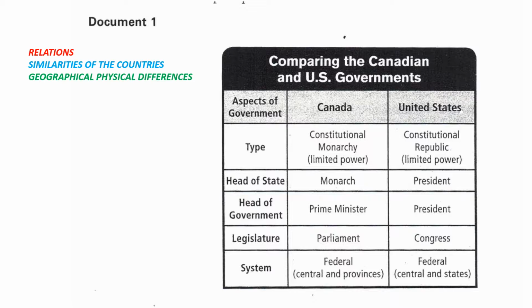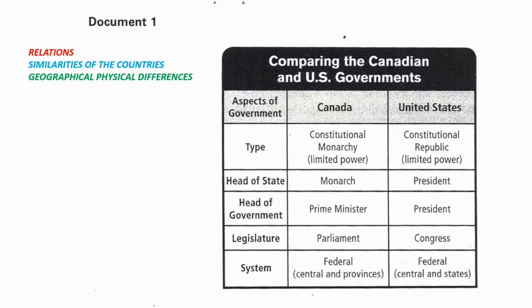So we need to color code this document. Do we say that this document is red because it shows about relations of the country? Does it show blue because it shows similarities of the country? Does it show green because it explains the differences in the physical geography of the countries?